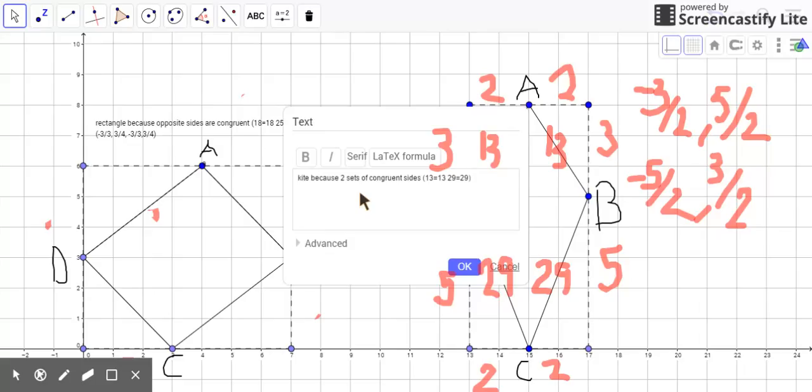And then 2 sets of same sides because of the slope, which is negative 3 over 2, 5 over 2, negative 5 over 2, and 3 over 2.